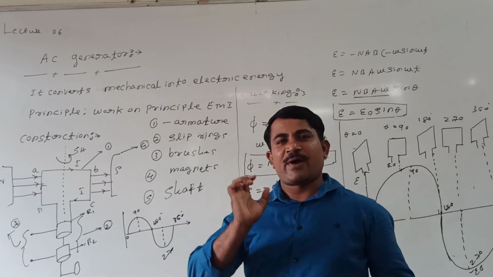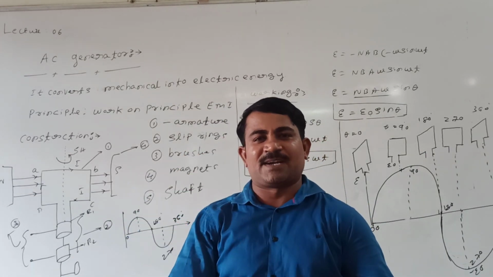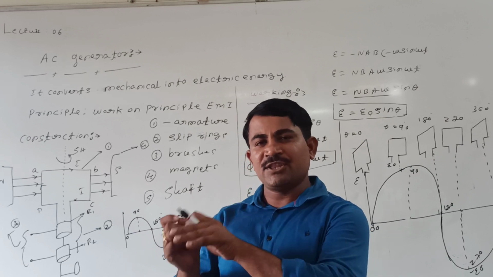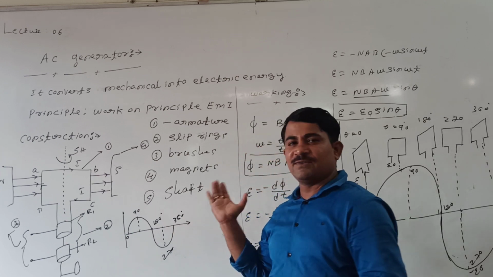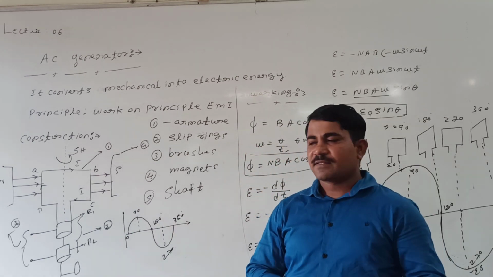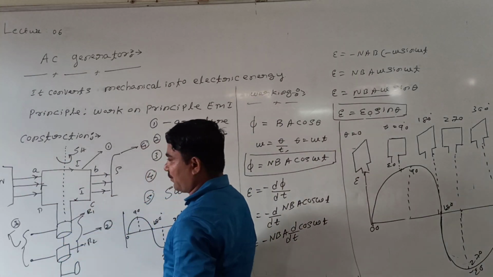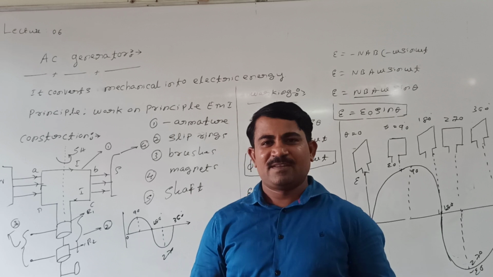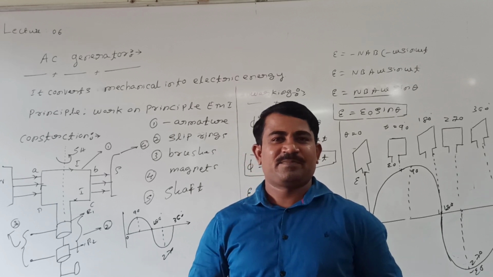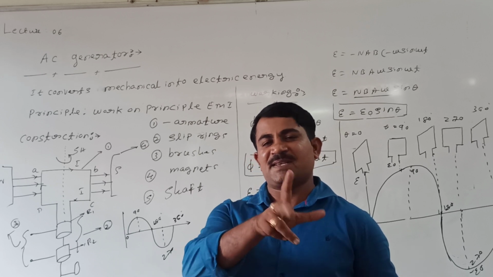I mean, when a coil rotates in a uniform magnetic field with a constant angular velocity, the EMF in the coil changes just like sinusoidal values. Right? Then I said that whenever a coil rotates in a uniform magnetic field, the direction of induced current or induced EMF, direction of magnetic field and direction of rotation of the coil is given by Fleming's right hand rule.